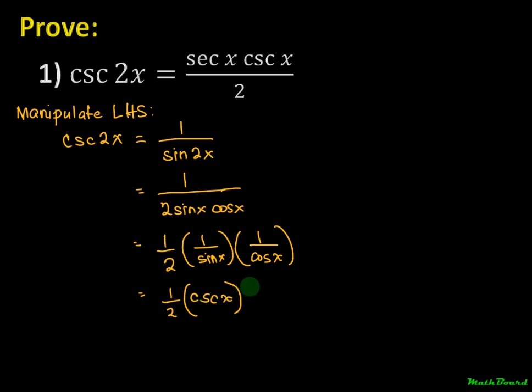Then 1 over cosine x is the same as secant x. Multiplying this, so we have secant x cosecant x divided by 2. So we arrive at the expression similar to the right side of the equation.